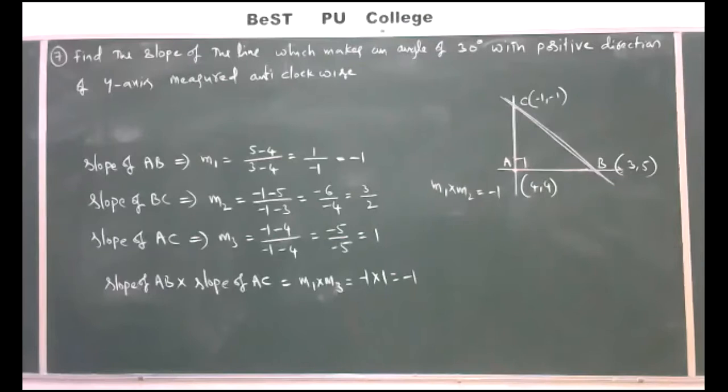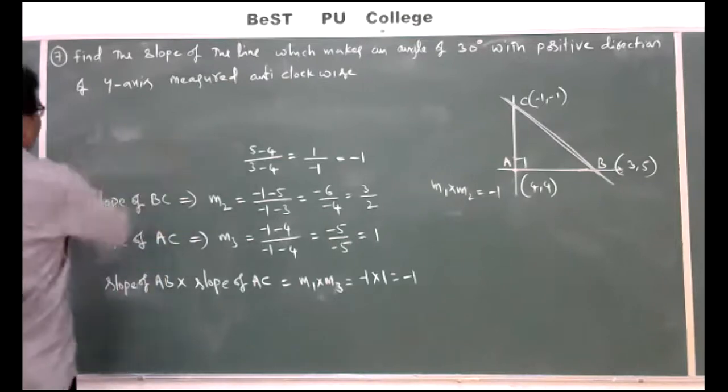Find the slope of the line which makes an angle of 30 degrees with the positive direction of the y-axis, measured anti-clockwise.